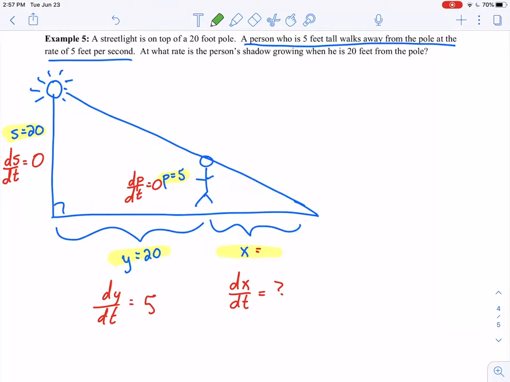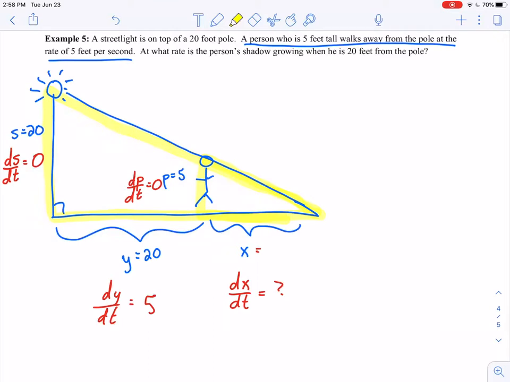This one's kind of tricky, I think, because the relationship that we want to use between all these variables is perhaps not quite as obvious as in the other examples that we've looked at so far. What I really have right here is a right triangle, and if I draw this bigger triangle, that bigger triangle contains, so to speak, that smaller triangle.